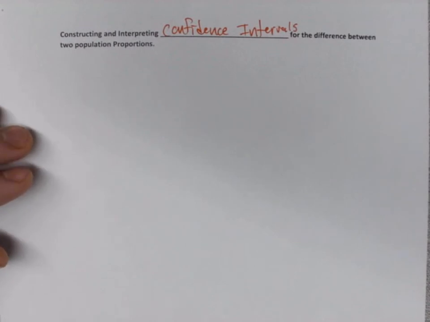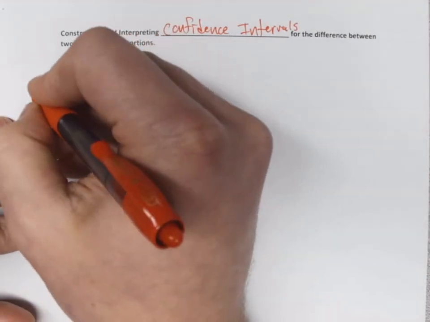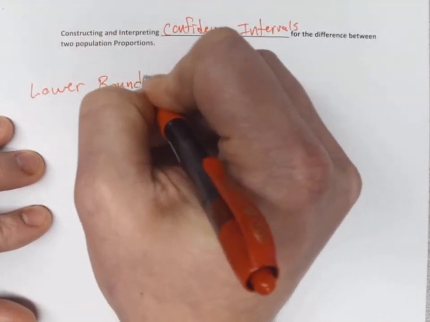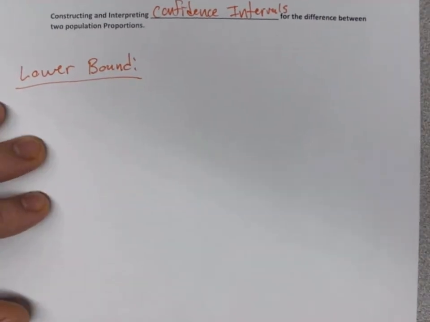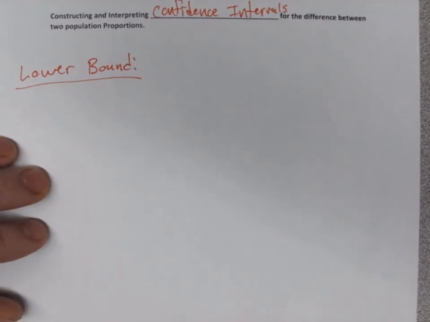I'm just going to show you the formulas here, and I'm not going to do it for you, but I want you to plug in the values and find the confidence intervals yourself. So the lower bound is similar to the lower bounds we've already learned, just adding on that extra P2 hat.